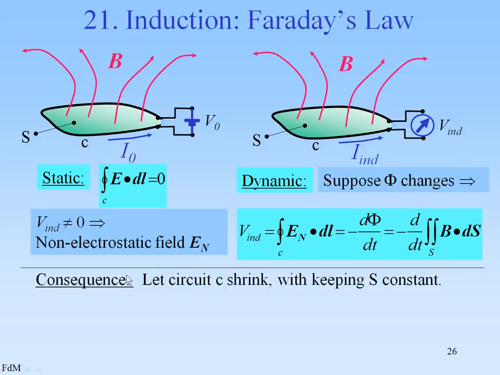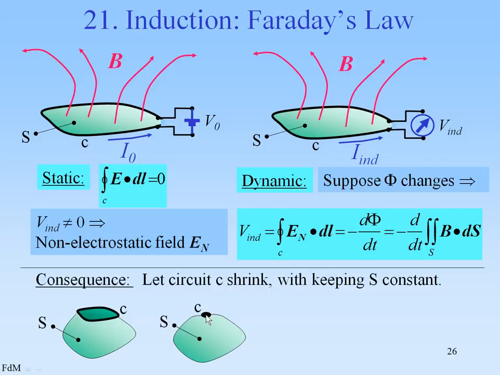Now, let's see the consequences. Suppose we let circuit C shrink and we keep S constant. This means that we have some kind of situation here. This is surface S, this kind of volume, and this is the circuit C that's shrinking.